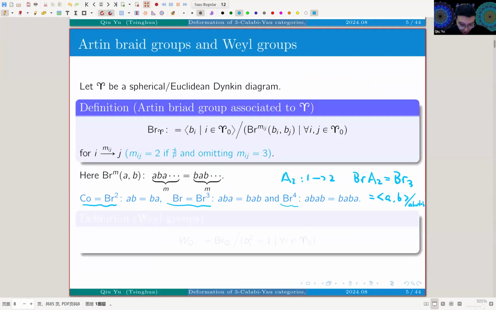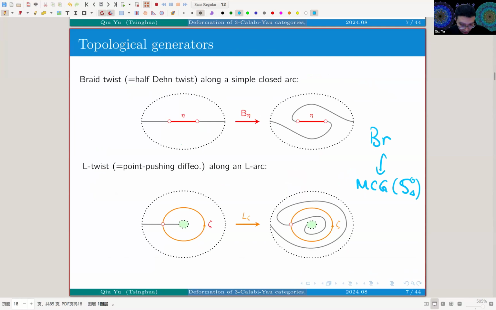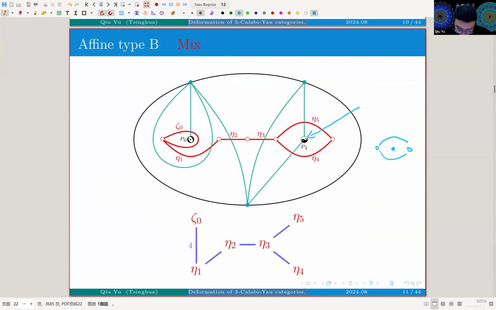That means we change the singularity type of that puncture, and in that case we draw no edge between these two arcs. So between eta 4 and eta 5, we draw nothing.